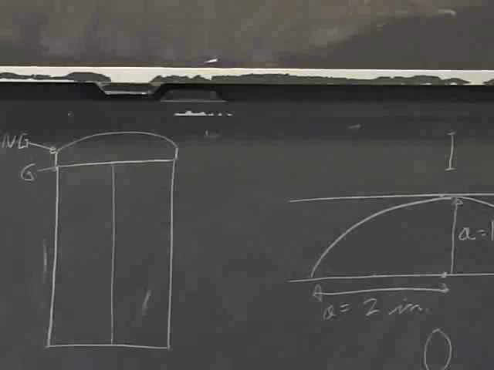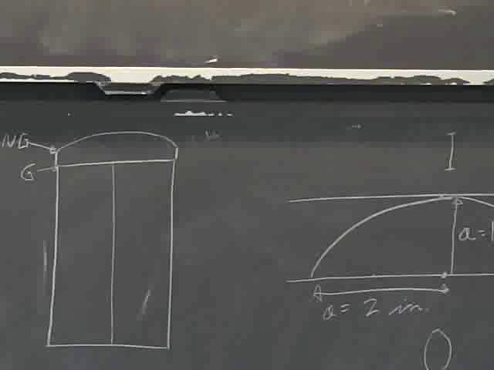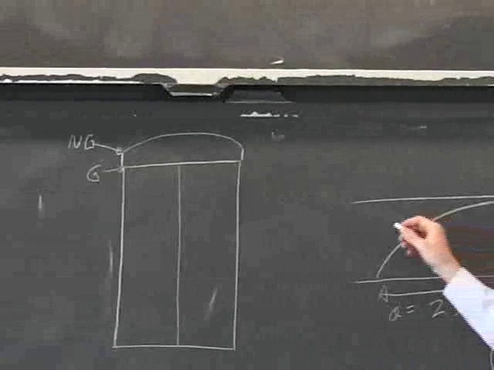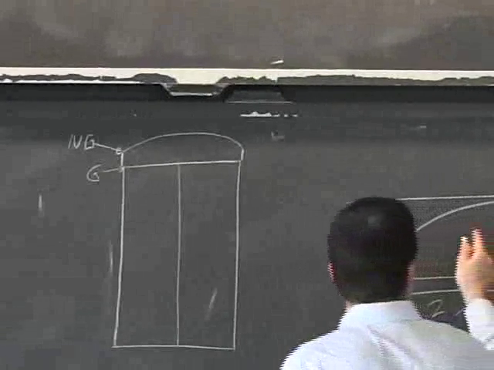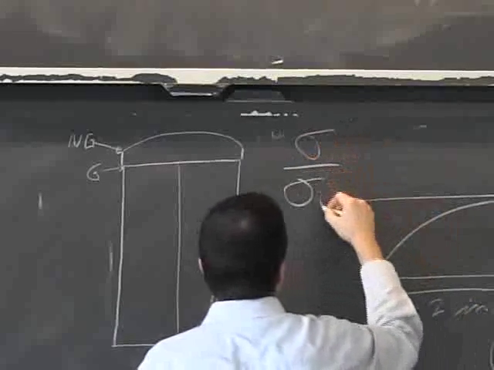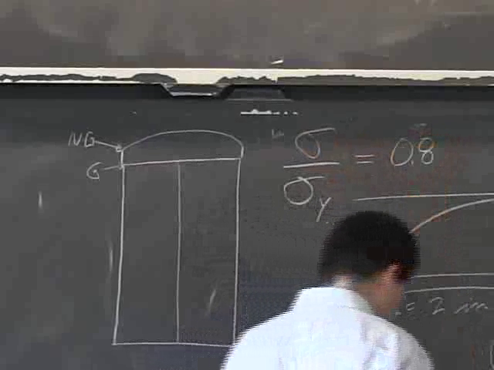But it's in that range of number. And again, it will vary some, but we're just doing this here to get an idea. So I get a Q of 1.5, and that was for stress level. That's actually running in this direction here. So we have sigma over sigma y of 0.8. That's what we selected.